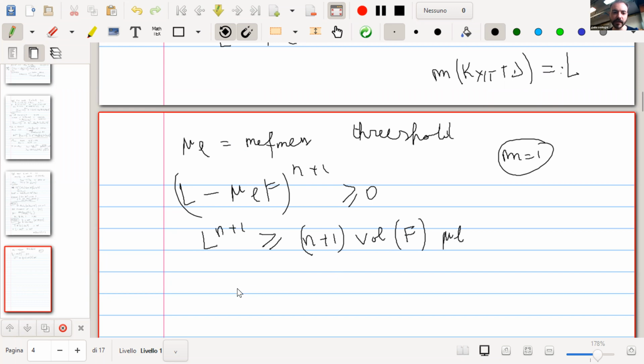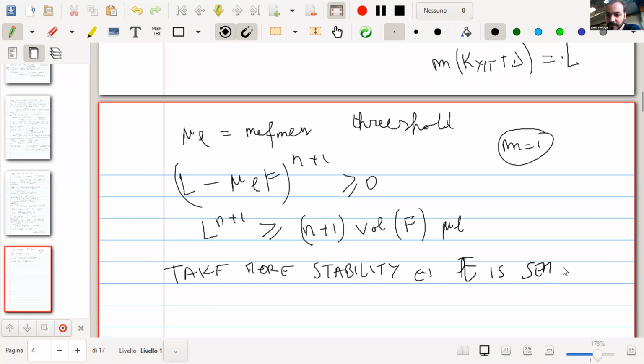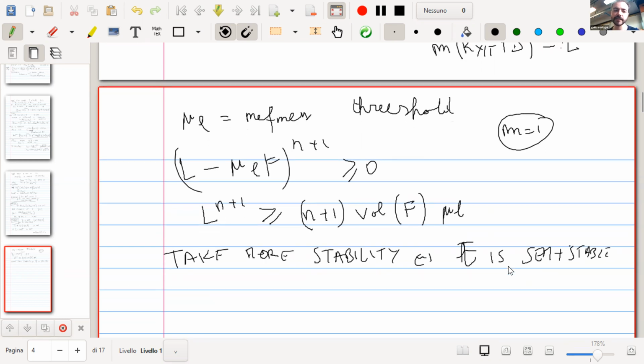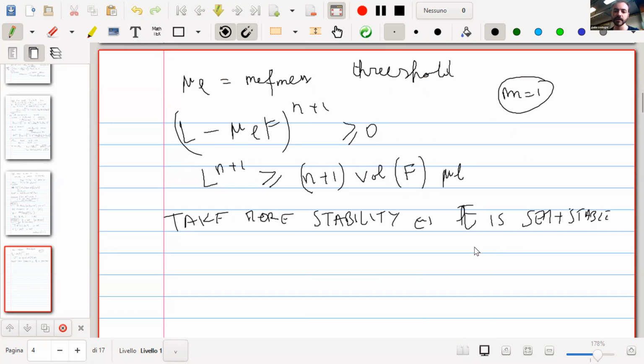So that's all trivial, but now we cannot go much more than this unless we take more positivity. So we take more positivity, more stability, which is more or less the same thing. So we assume that this E is semi-stable. This is not a natural assumption, and it will not be true in most cases. I'm just making this assumption to give you a simple proof of a slope inequality.